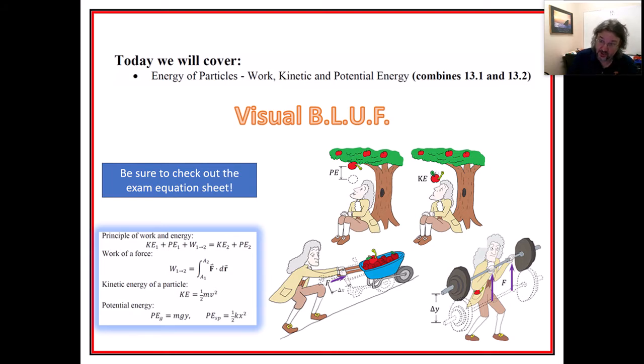gravitational potential energy, where I'm lifting this thing up. The potential energy here and to here isn't any different from here to right here if these two are at the same horizontal level. So it's a vertical change right here. The horizontal movement doesn't matter any.